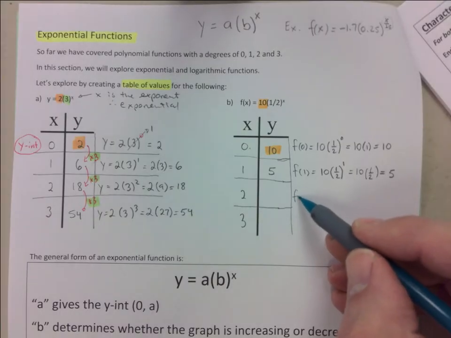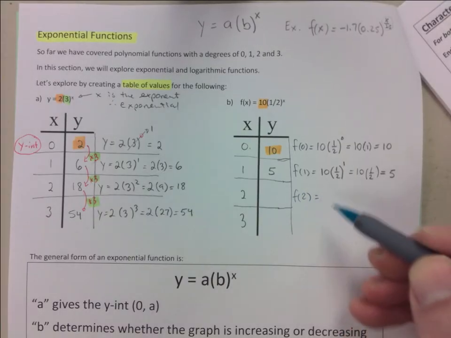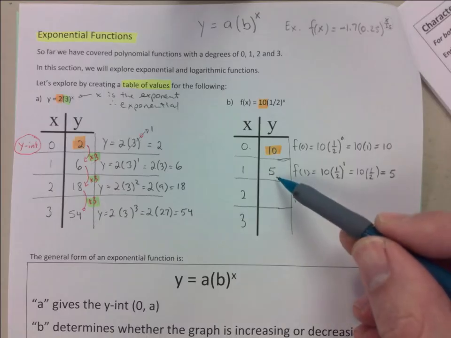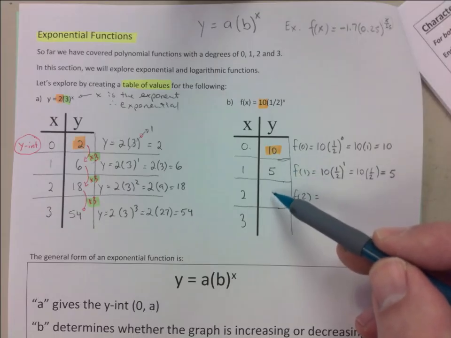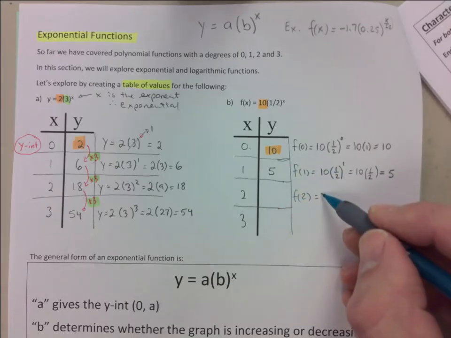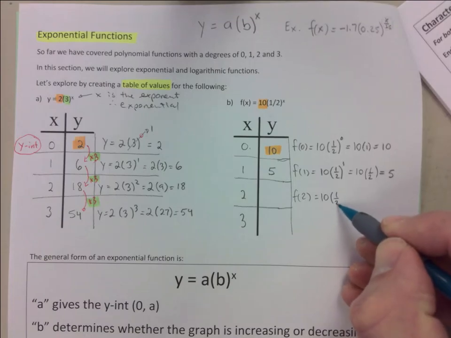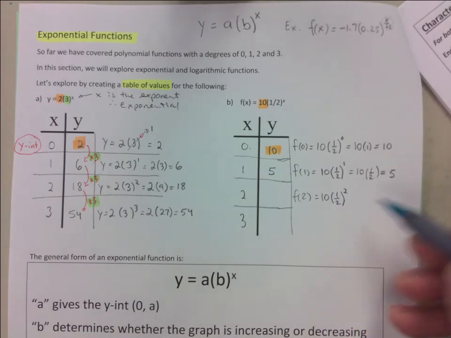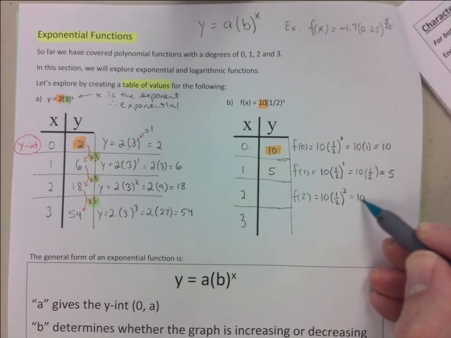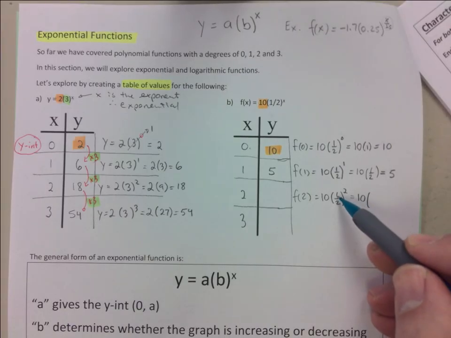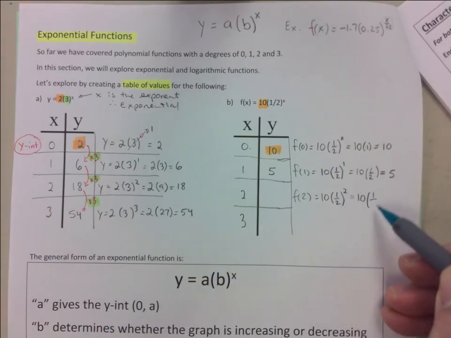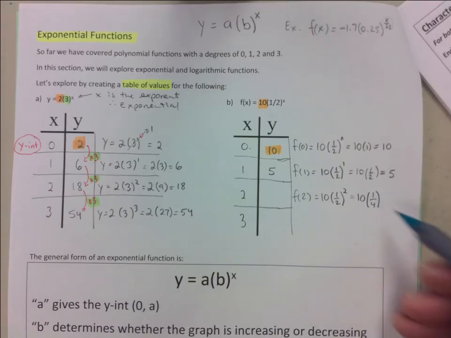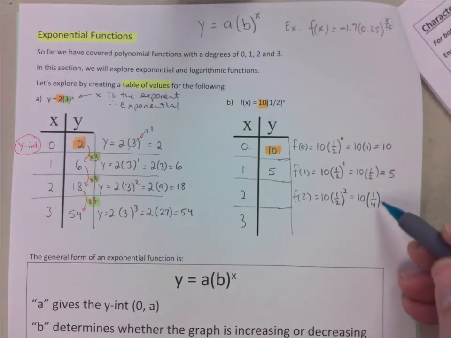We keep doing that. f of 2. Any prediction what the next number is going to be? 2.5? Yeah. 10 times half to the power of 2. Guys, just remember, 1 squared is just 1. 2 squared is 4. So your fraction turns into a quarter.